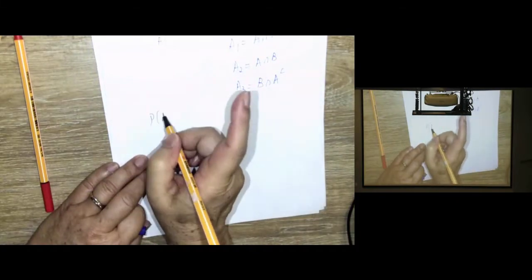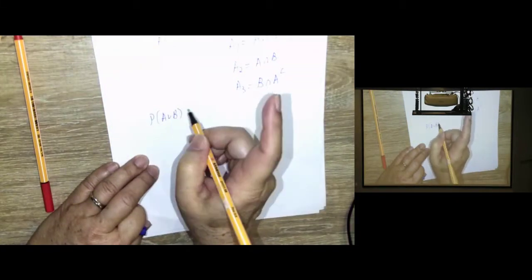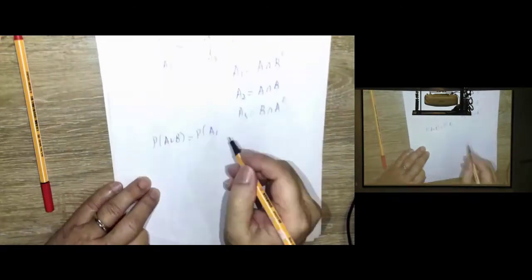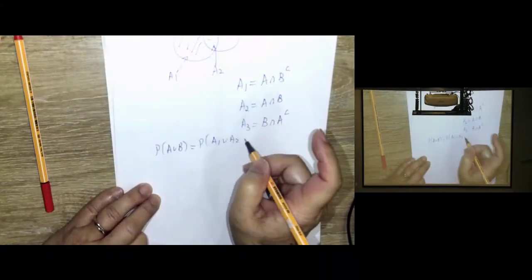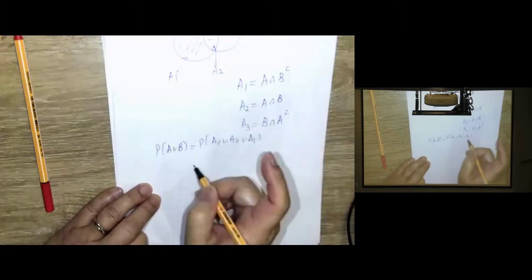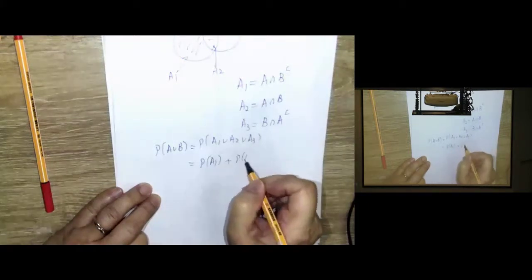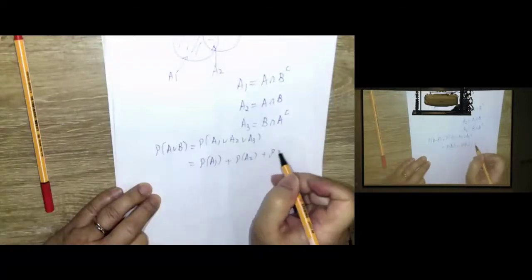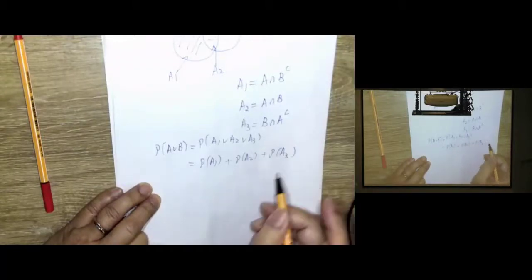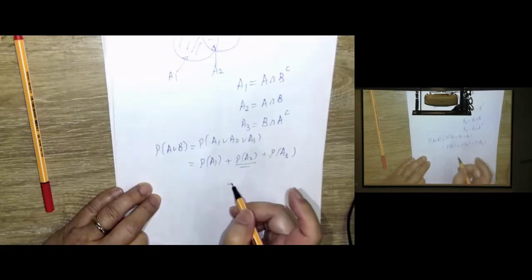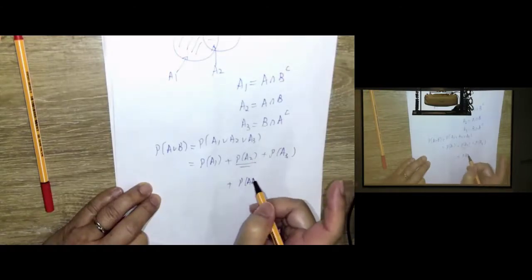So the A union B can be written as A1 union A2 union A3. And so, of course, you have the probability of A1 plus the probability of A2, which is the probability of A intersect B, plus the probability of A3.